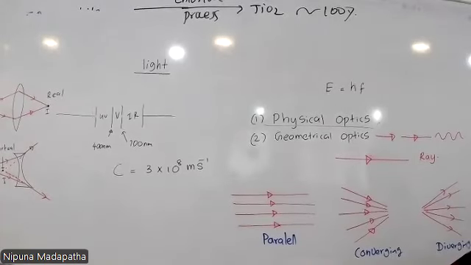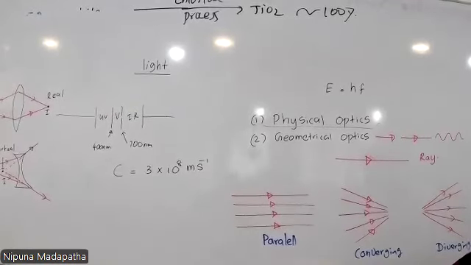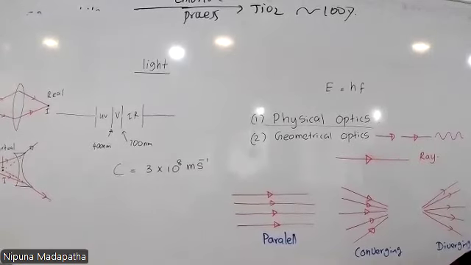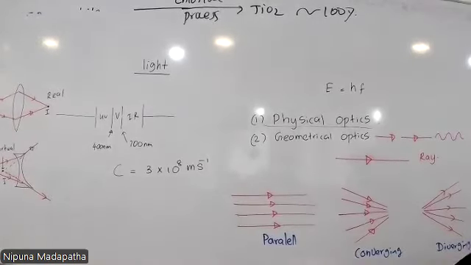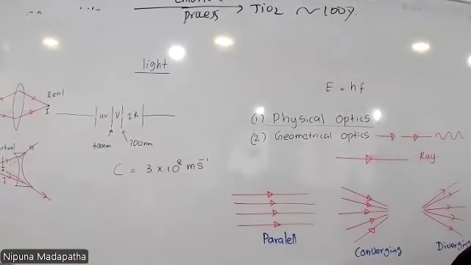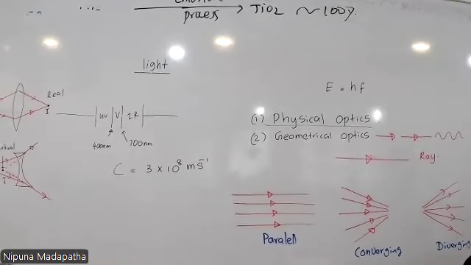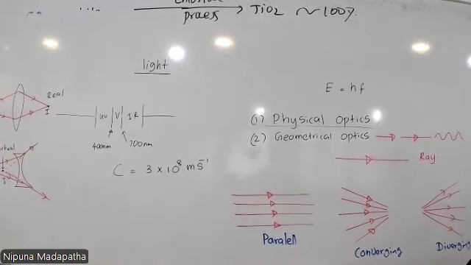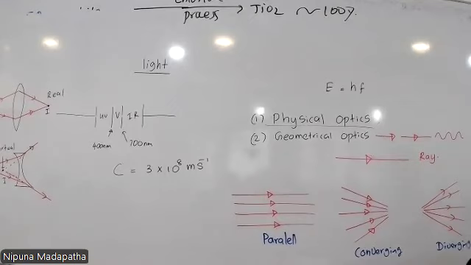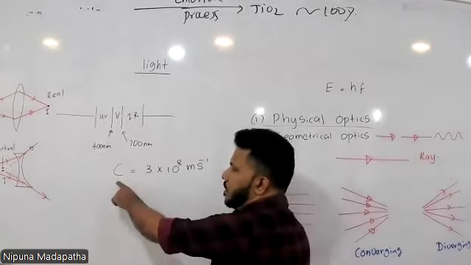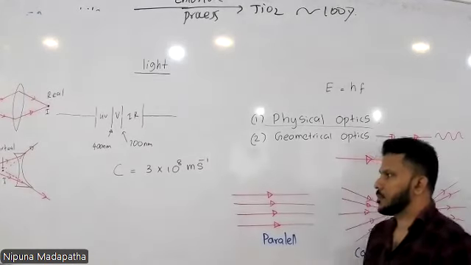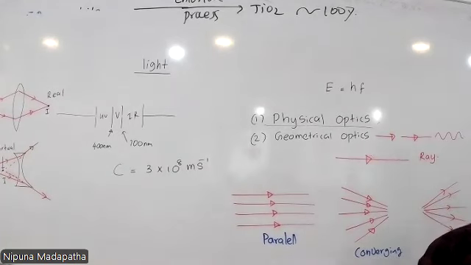It is an electromagnetic wave that can travel through a vacuum. The speed of light in vacuum, I normally use simple c. c equals 3 times 10 to the power 8 meters per second.